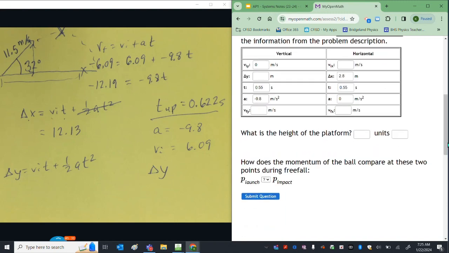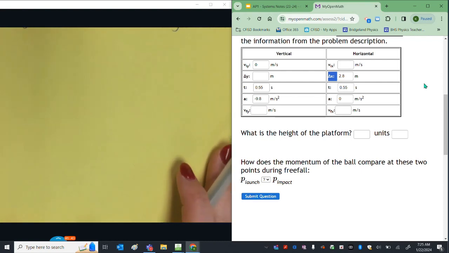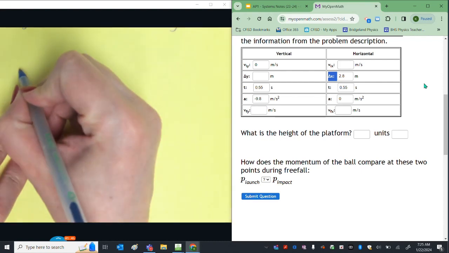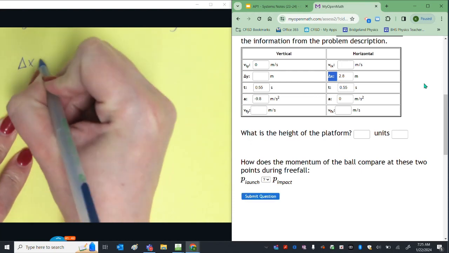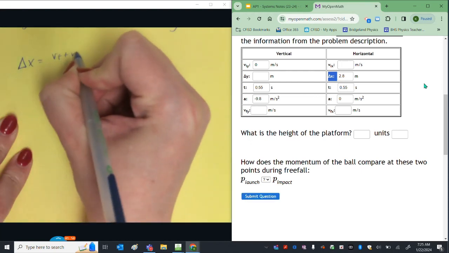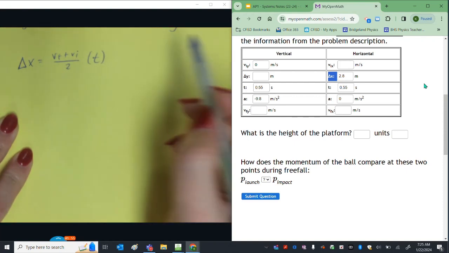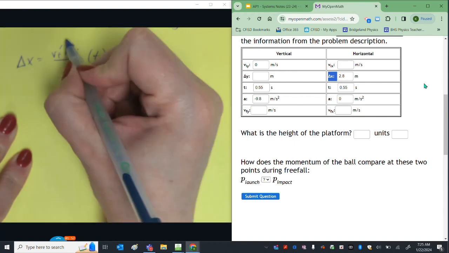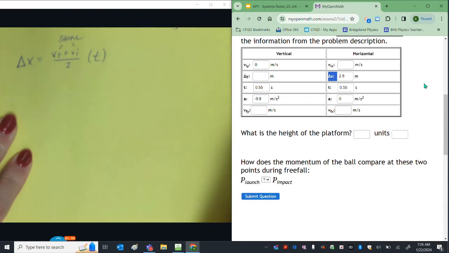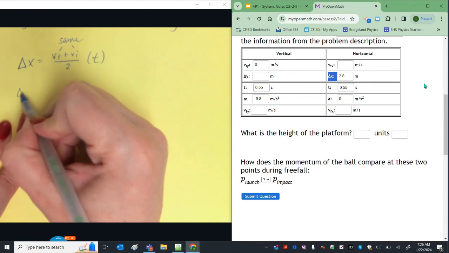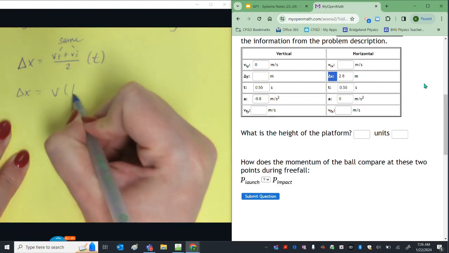So looking at this information, because I know both time and displacement in the horizontal direction, I can solve for velocity. My equation for constant velocity is the last of my kinematic equations, which says that delta x equals Vf plus Vi divided by 2 times time. Again, when I'm dealing with horizontal motion, because we're at constant velocity, these will be the same, which means that you can rewrite this as delta x equals V times t.